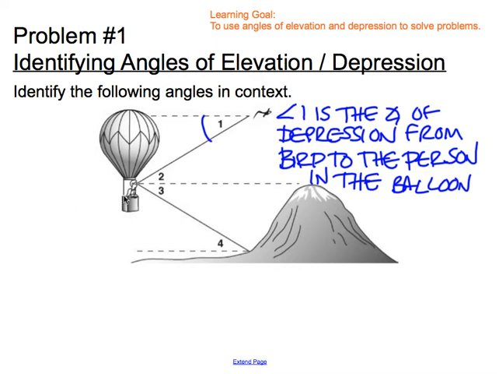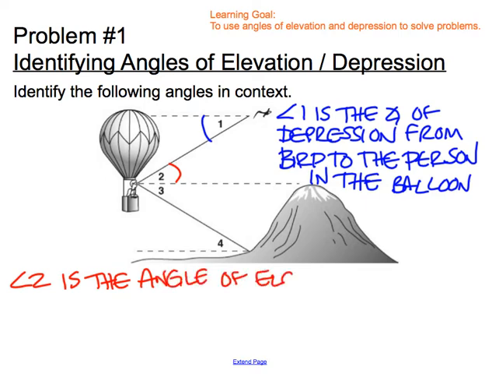So next let's take a look at angle 2. Angle 2 is certainly an angle of elevation. So here we'll say angle 2 is the angle of elevation. And we need to say where it's going from.